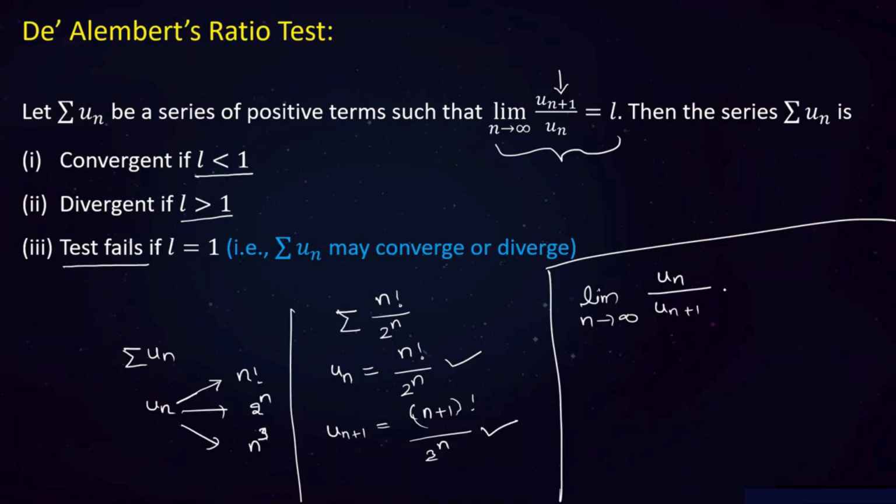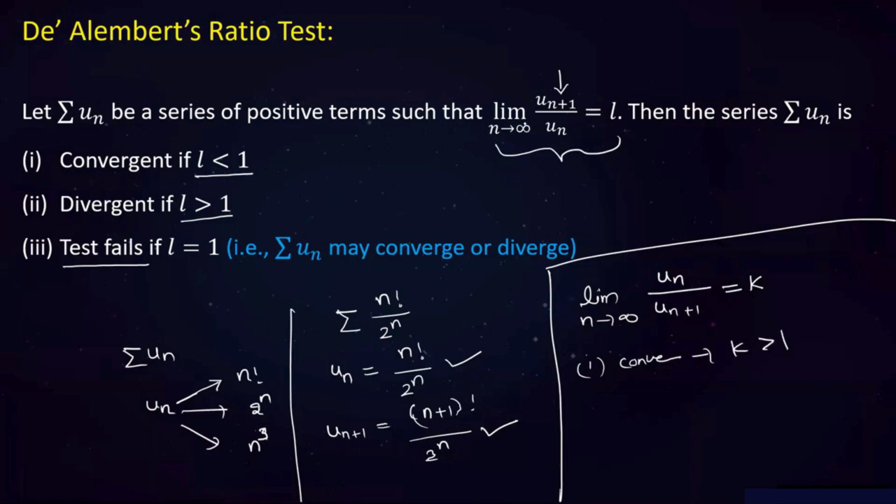In this case, if you get the limit as, let us say, some k, right? You have taken the ratio as the reciprocal of what I have taken here. And if the limit is k, in this case, they'll say the given series is convergent when k is greater than 1.